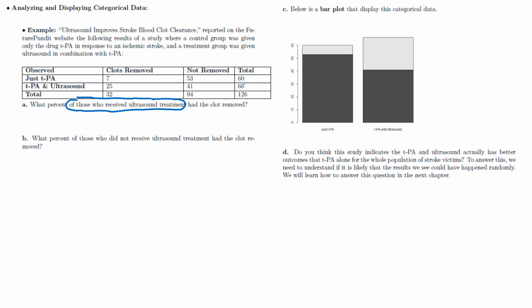And so that's only these 66 people that actually got ultrasound. So we go ahead and put 66 as our bottom number. What percent of them had the clot removed? Well, 25 of them got the clot removed. And so that is about 0.379. And of course they asked for a percent, so we'll say 37.9%.